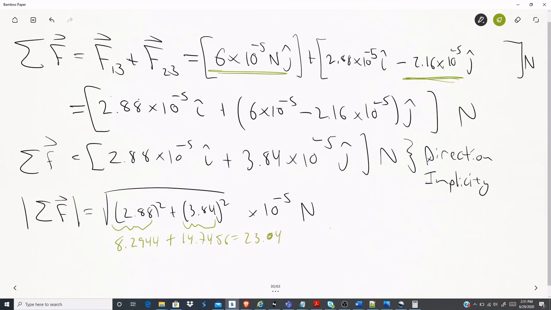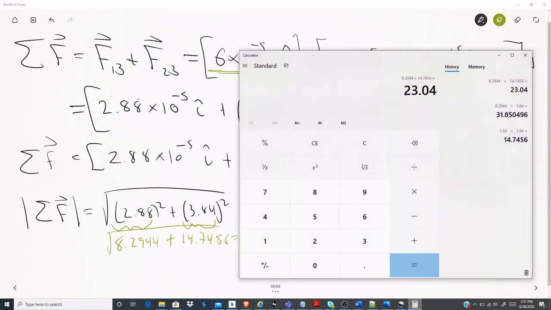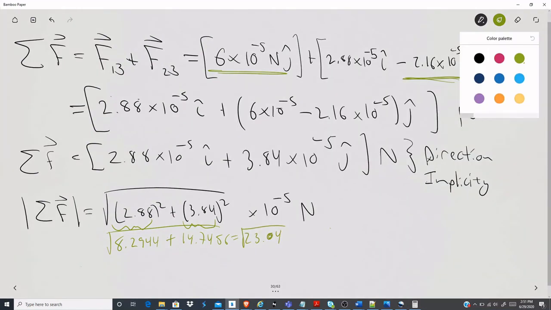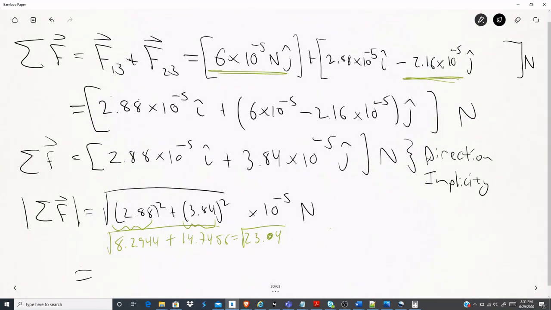And I need to take the square root of that. So what is the square root of that? 4.8. So my net force magnitude is going to be 4.8 times 10 to the negative fifth newtons.